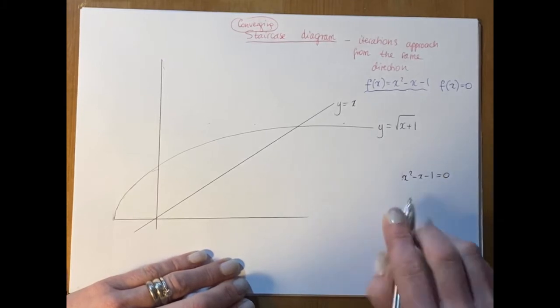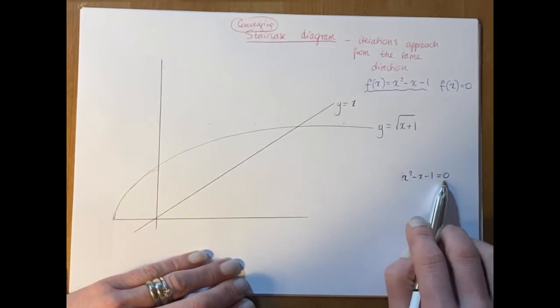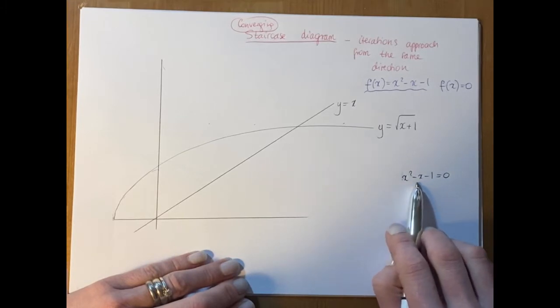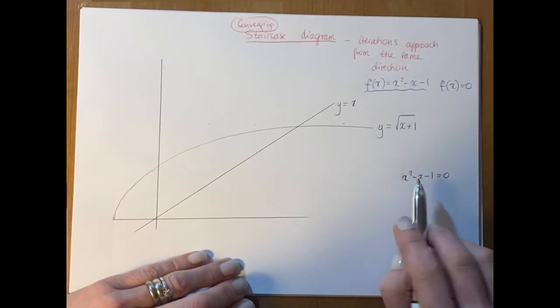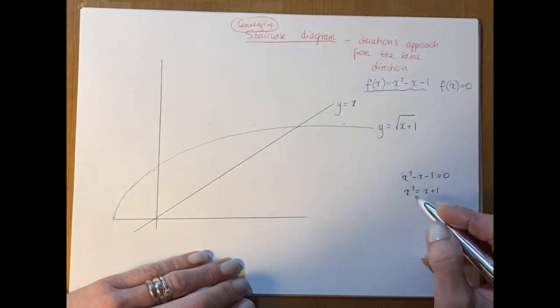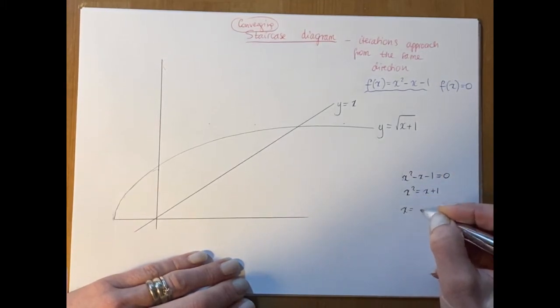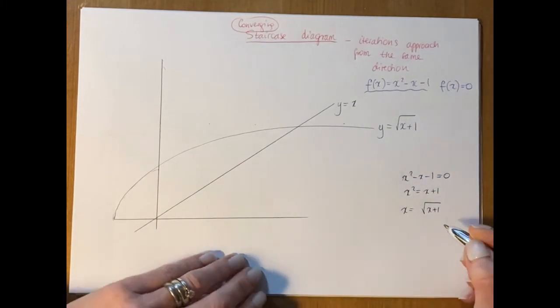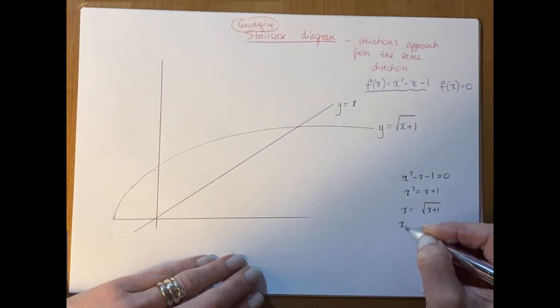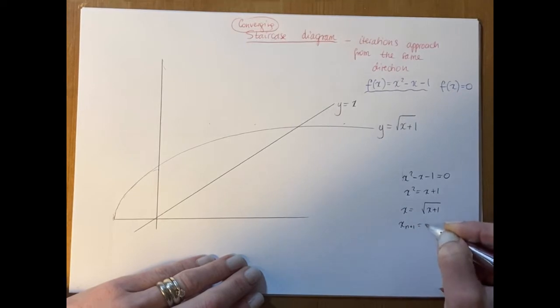And because you are finding the roots of that equation, one way of doing it is to write it as x squared is equal to x plus 1. And then let's say x is equal to the square root of x plus 1. So we're going to look for the positive value.